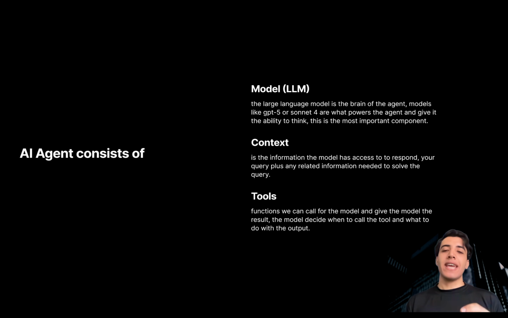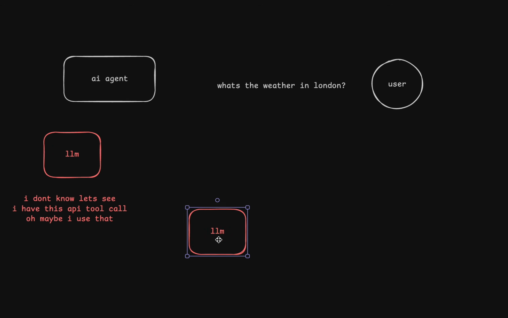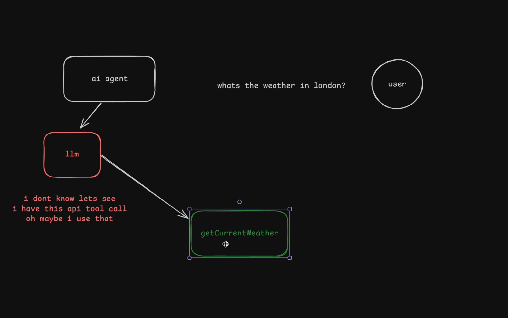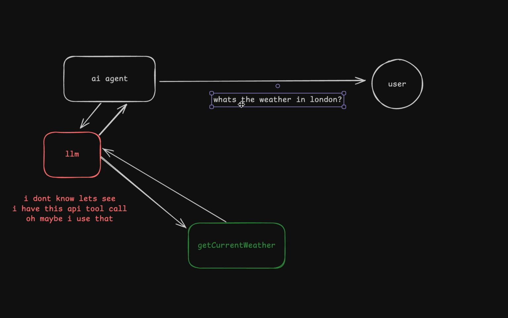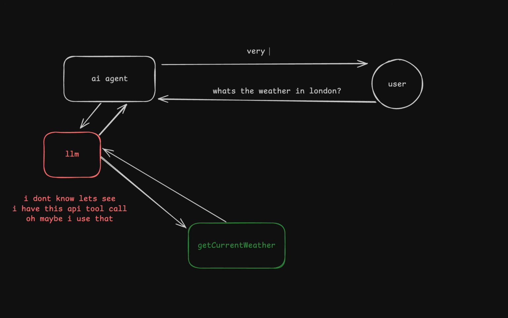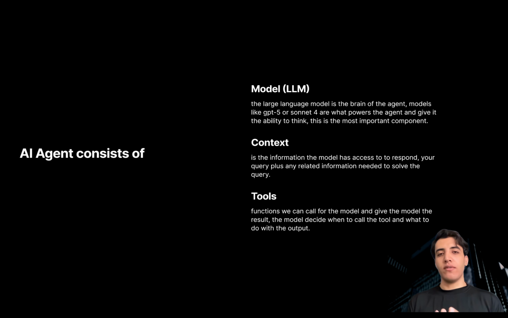So in order to get the actual weather and, for example, build an agent that tells you what to wear, you can call a function that gives you the weather in a certain city, then you take that information from the API call and give it to the LLM. The LLM will then decide based on this information what clothes you want to wear, and it will give you that answer. So this is basically a function call or a tool call.